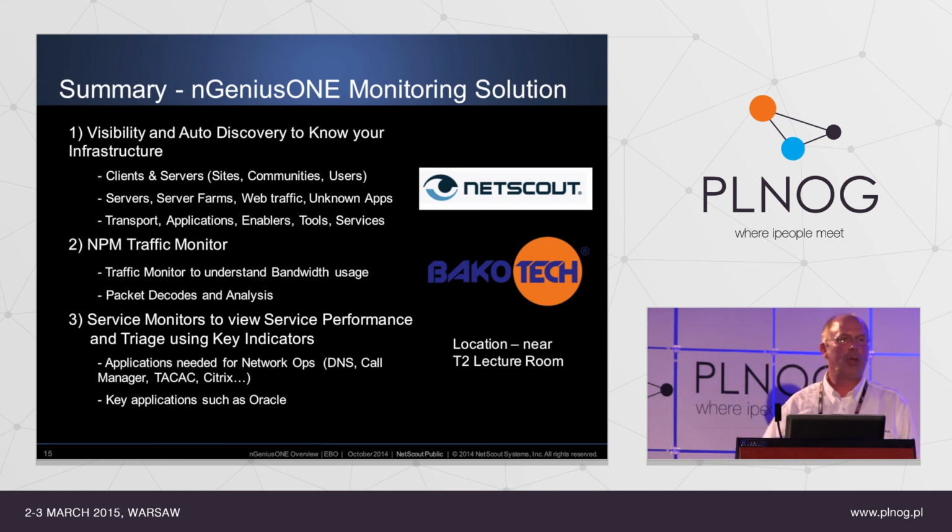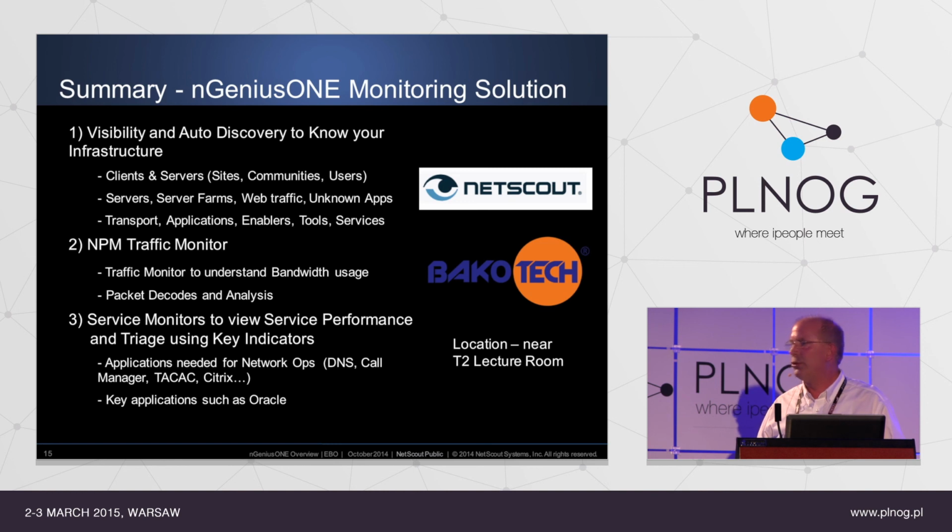A lot of these applications have dependencies. Here's one that a lot of people don't even realize when it comes to voice: if a voice handset does not get an IP address, it's not talking before you even get to the Session Initiation Protocol. So there are a lot of dependencies going on, and that's very important.